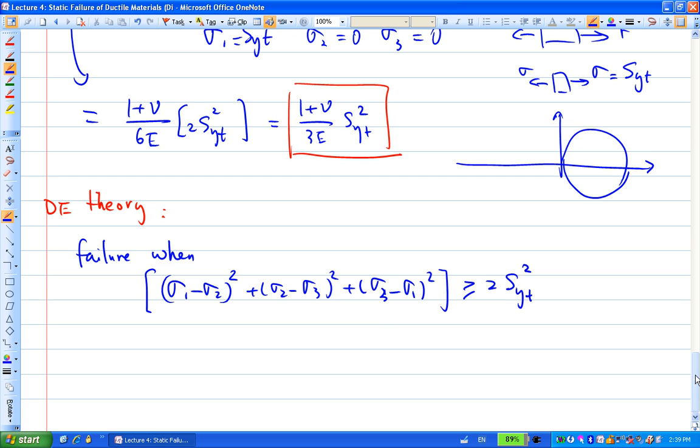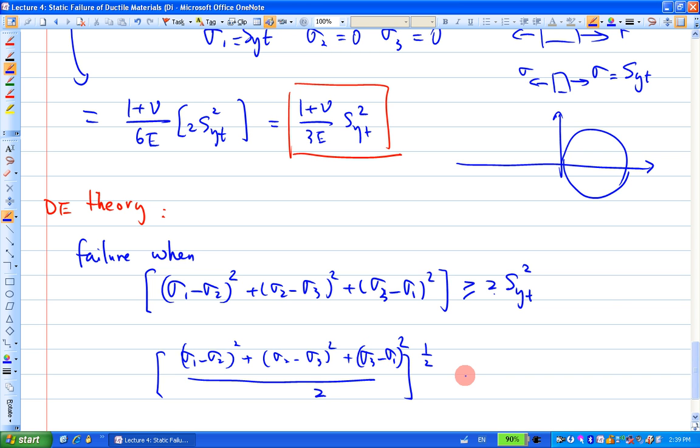This is equivalent to moving this 2 to this side and then taking a square root of both sides of this equation. So we have something over 2.